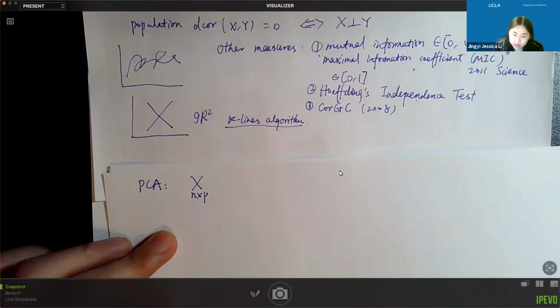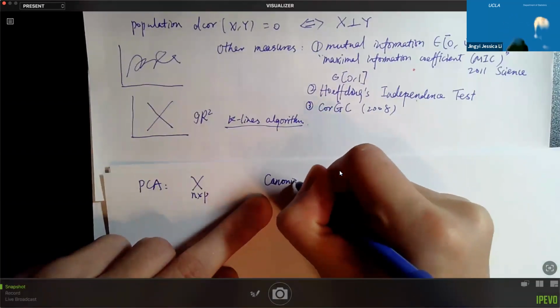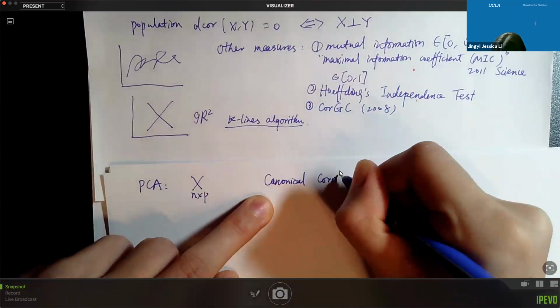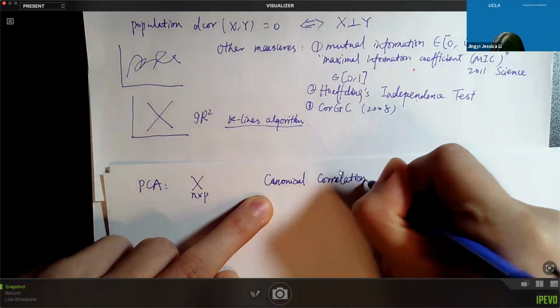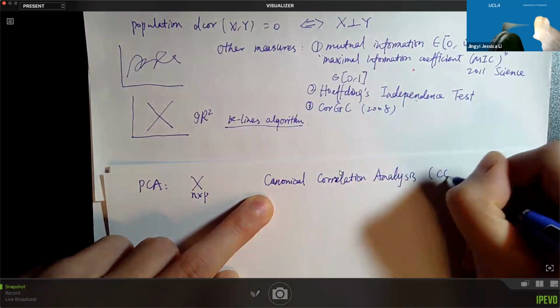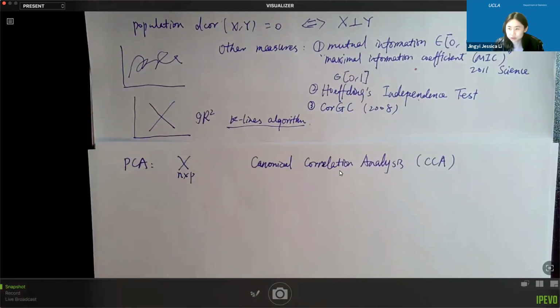And related to this, we have something called canonical correlation analysis, short as CCA. And as some of you are using, I think everyone probably is using the Seurat package for the single cell data.